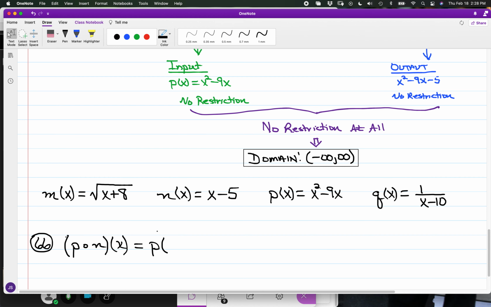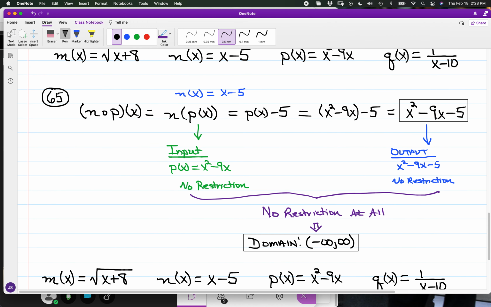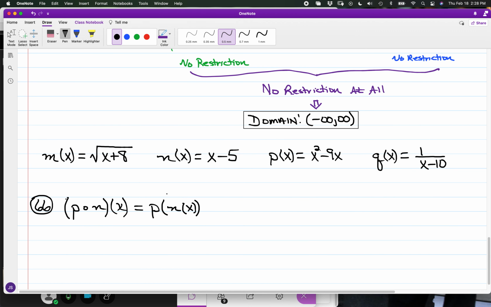Putting that in compact functional notation, p composed with n of x, we have p of n of x. Now if you notice, in 65 the output function was n of x. Now in number 66, the output function is going to be p. And guess what? P of x is equal to x squared minus 9x.